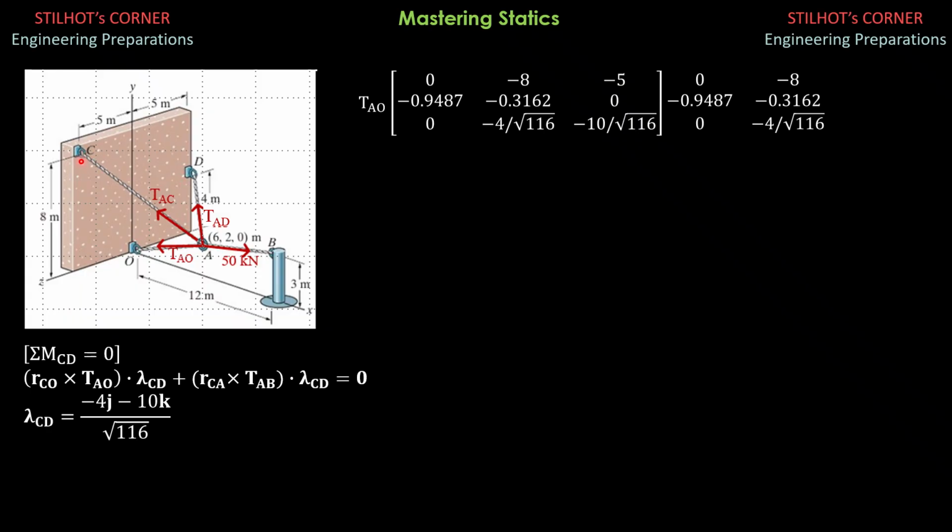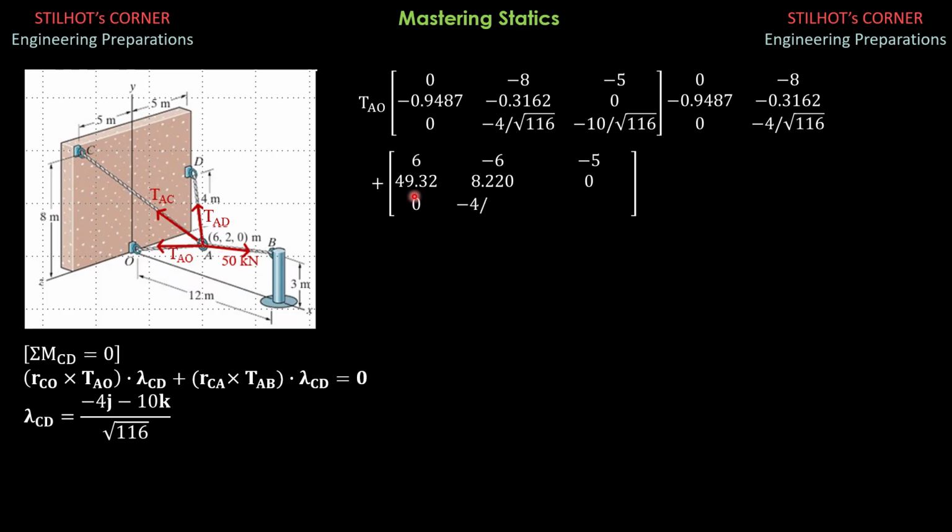For this expression, C to A, so that would be 6 minus 0, so 6i, then 2 minus 8, negative 6j, then 0 minus 5, negative 5k.